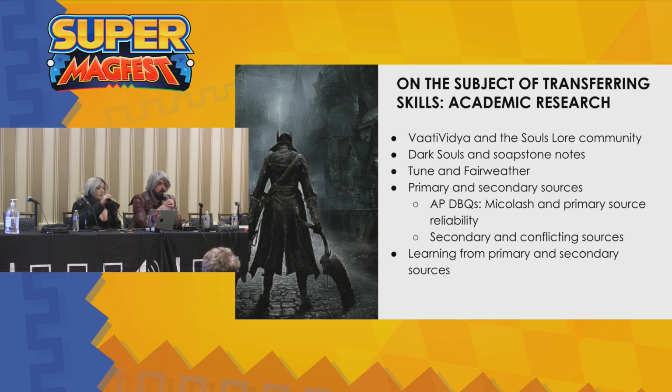And you can leave notes for people either warning them of the things that are coming up ahead, or just trolling them, right? So there's a fairly robust community of people who just leave soapstone notes for each other. And to this day, you can still see a lot of those things in Dark Souls. In Sekiro, you have echoes where you can see how somebody might have died or how somebody might have gotten through a particular portion of the game.